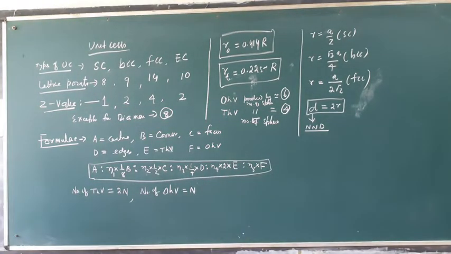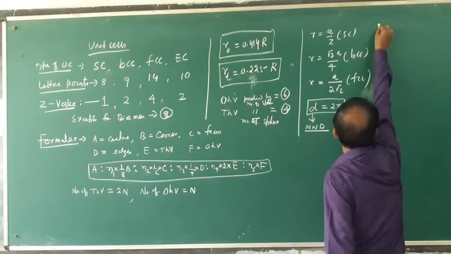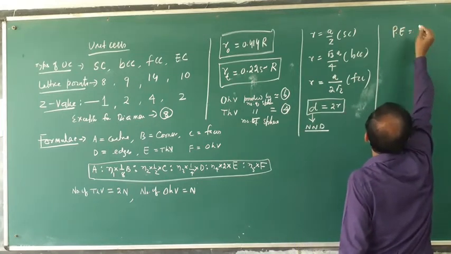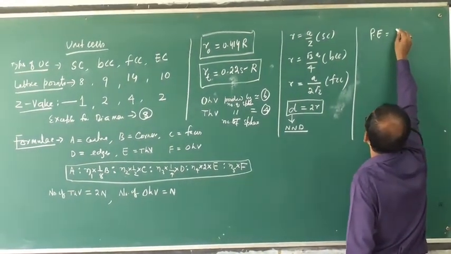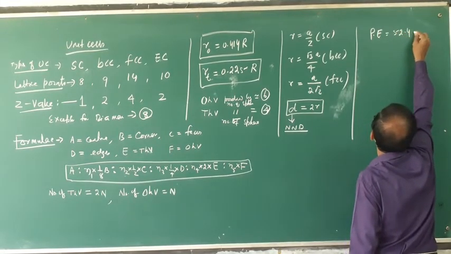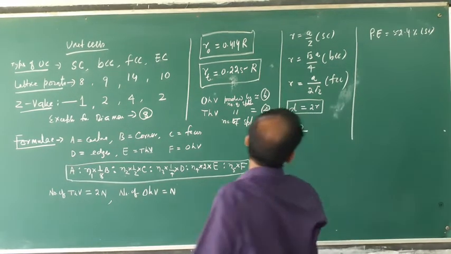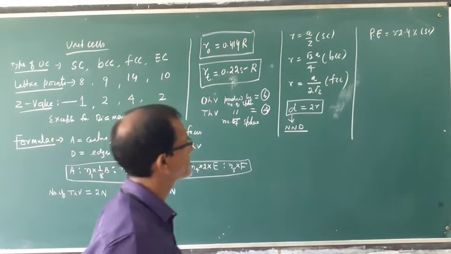Then the next part is packing efficiency, PE. For simple cubic, it is 52.4%.